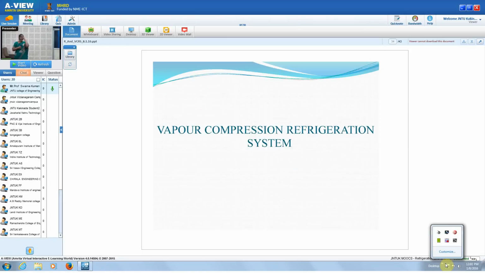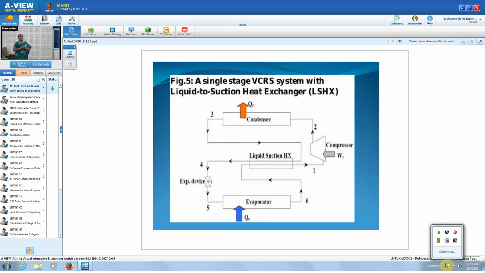Next, the vapor compression refrigeration. We have already seen the total syllabus in vapor compression refrigeration, just one topic I have not mentioned. Let us see that one. This is a single stage vapor compression refrigeration system with a liquid to suction heat exchanger.